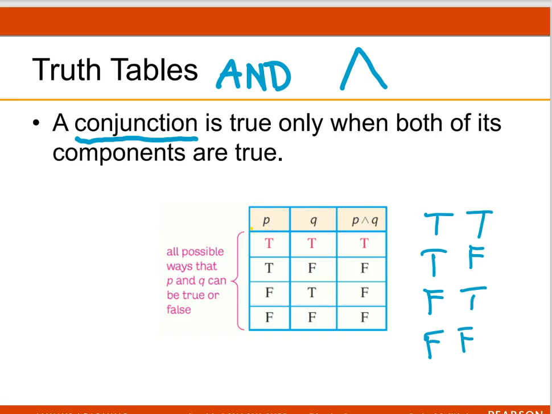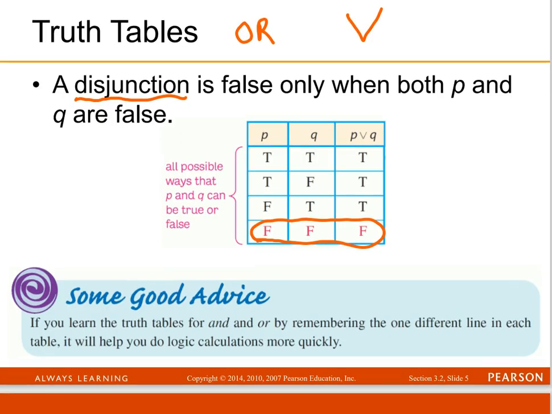You can see that the only time that it's true is when they're both true, because it's an and. Both has to be true in order for the whole thing to be true in a conjunction. But on a disjunction, as long as one of them is true, it'll be true. And the only time it's false is when they're both false.